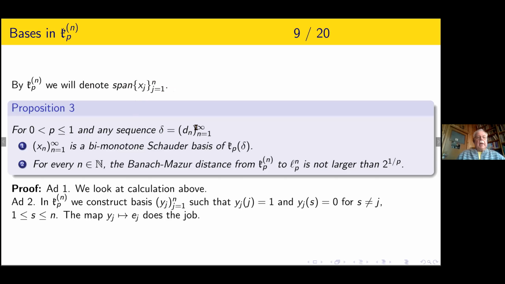The sequence (x_n) is a bimonotone Schauder basis in this space K_p. And for every n, the Banach-Mazur distance from K_p^n to little ℓ_p^n is not larger than 2^(1/p). Okay, so look at the calculation above.